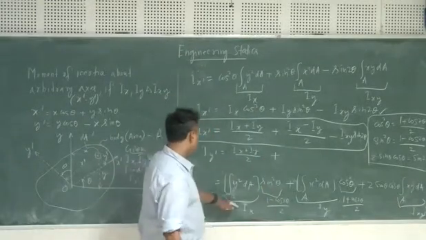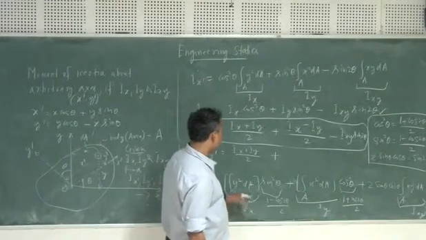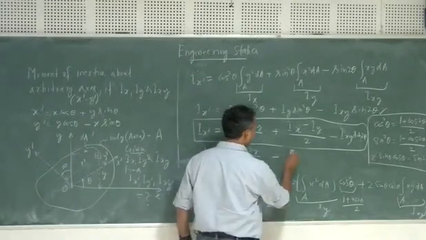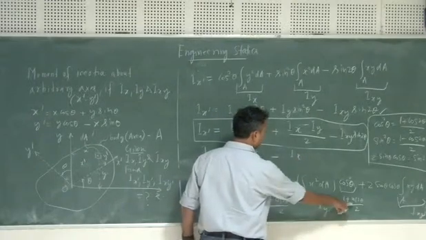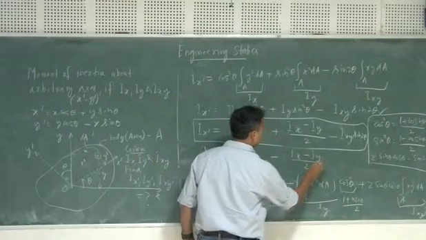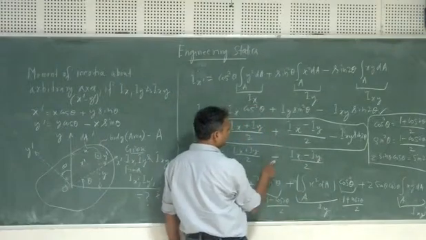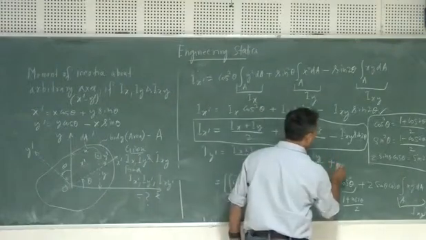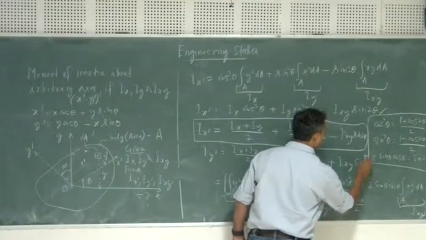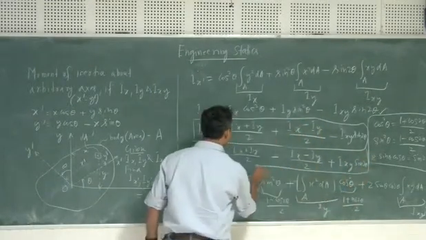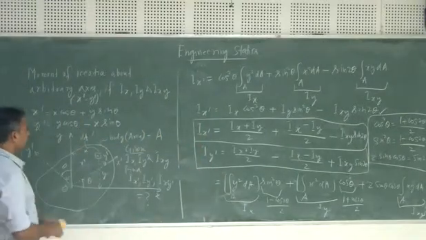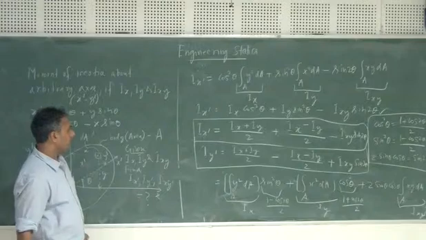Second, here you are having Ix minus, so if you take minus common from this point, so this will be written as Ix plus, so here it is minus Ix by 2, plus sign becomes minus. That is the relationship of Iy dash, right?